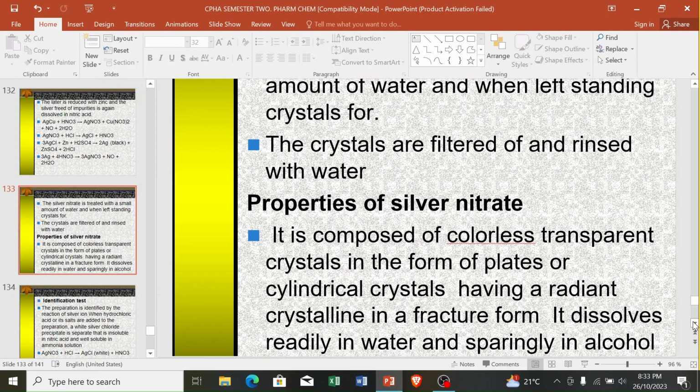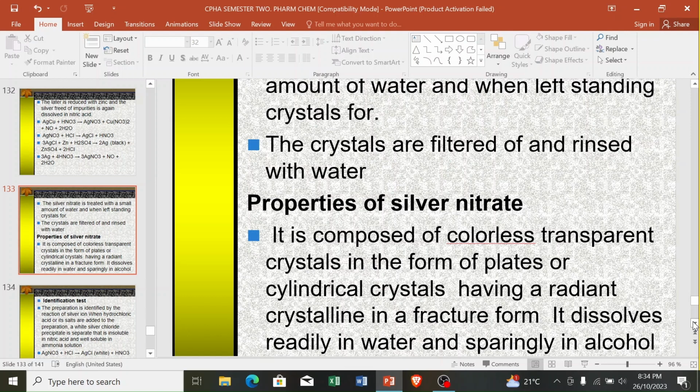Method of preparation of silver nitrate. What you need to know: prepare it from an alloy, that is a copper-silver alloy. You react it with nitric acid and then form your two nitrates, for copper and silver, where we shall have silver nitrate and copper(II) nitrate.